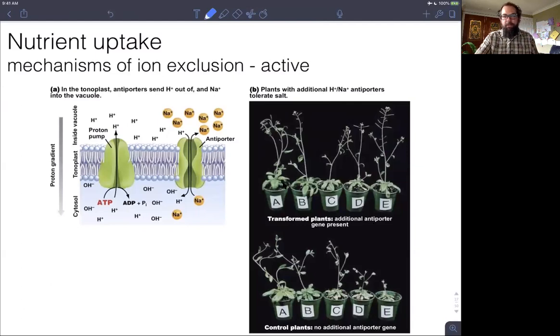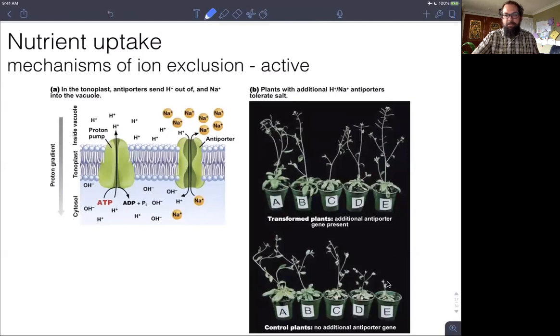And we see that with increasing concentrations of salt from A to E, we don't see very much difference in the growth habit of the plant at all. So these are able to take that salt that would be toxic in those high quantities and sequester it all into the vacuole. The control plants have no additional antiporters, and with the increased concentration of sodium, we see a decrease in the growth of those plants.